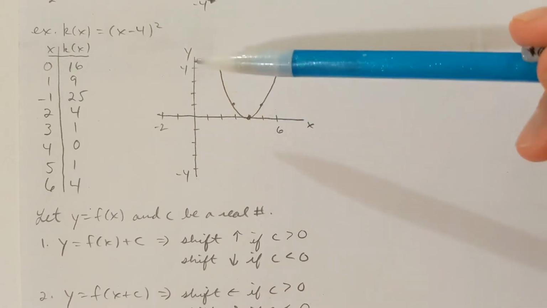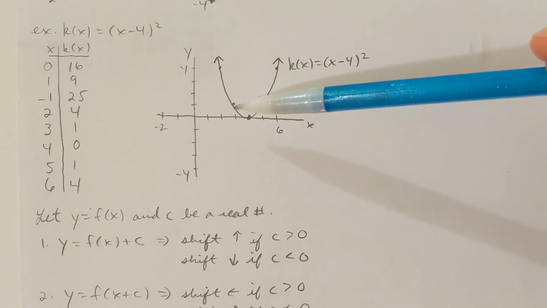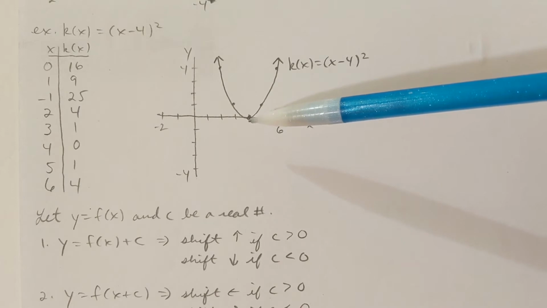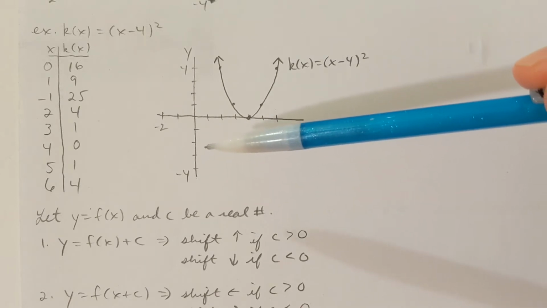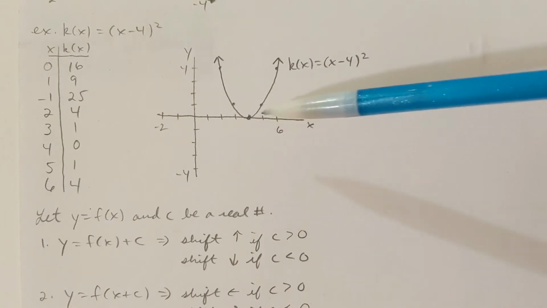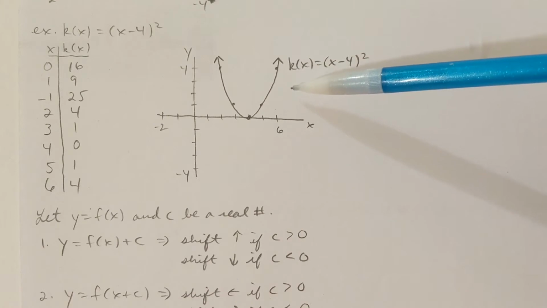If x is 3, negative 1 squared is 1. Here's 3, 1 on the graph. If x is 4, 0, here's 4, 0 on the graph. If x is 5, 5 minus 4 is 1. 1 squared is 1. And if x is 6, 6 minus 4 is 2. 2 squared is 4.